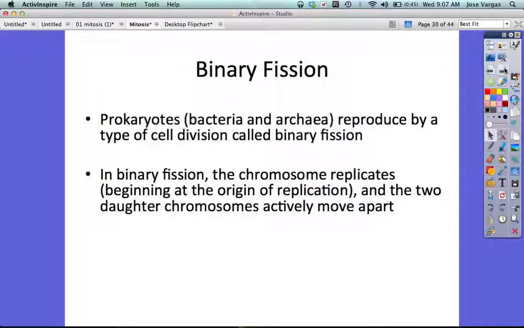Now, in bacteria, this is different. Bacteria do not have a nucleus, they are prokaryotes. So we don't call the process mitosis in bacteria or prokaryotes, we call it binary fission. The chromosome replicates, and the two daughter chromosomes just move apart.